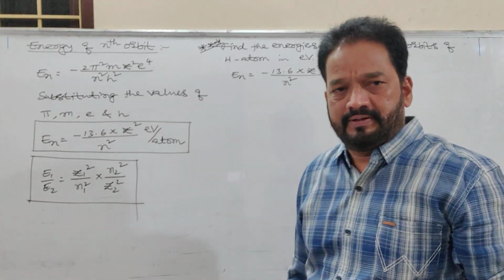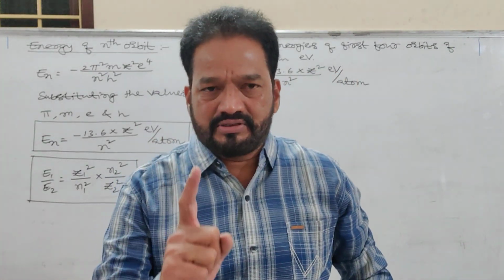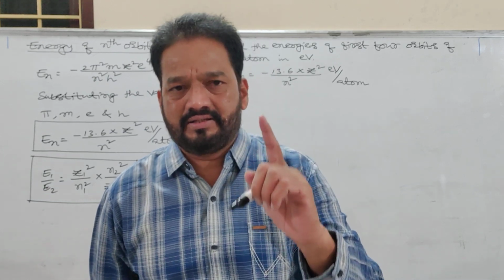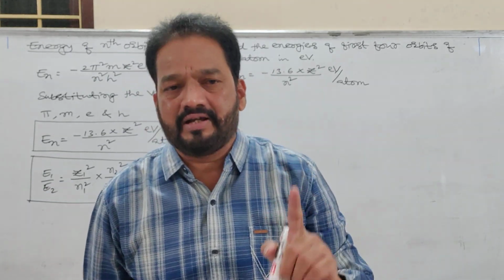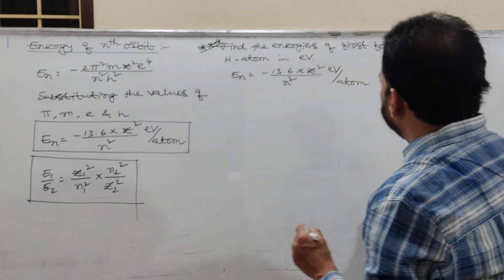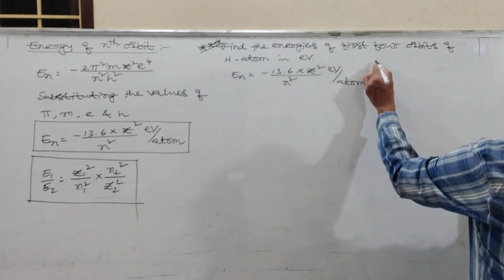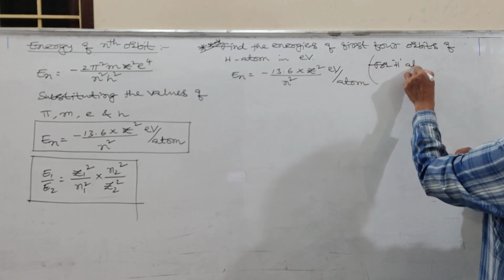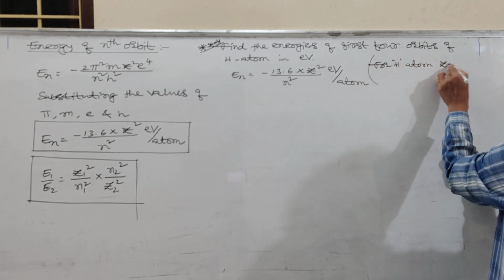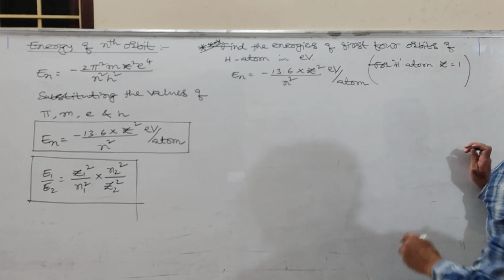Write this down once only. For hydrogen atom, Z is equal to 1. No need to write every time.